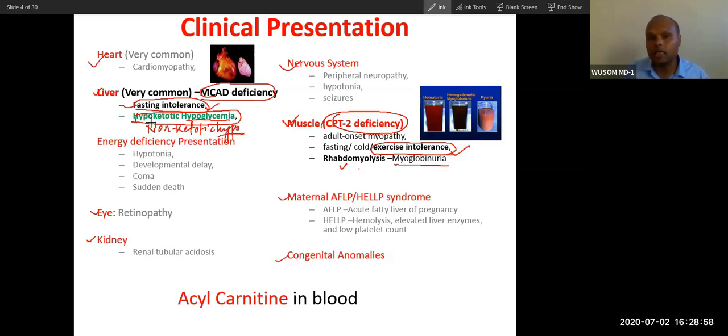Generally during fasting, ketone bodies rise, but here there are none because fatty acid oxidation is affected, and you know the source of ketone bodies is fatty acid. That is why non-ketotic hypoglycemia will be seen in MCAD deficiency, and CPT-2 deficiency causes exercise intolerance and rhabdomyolysis.